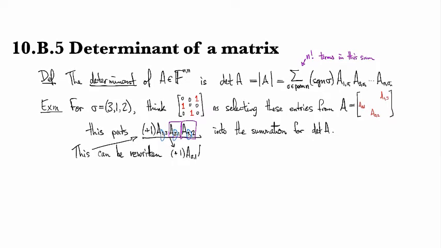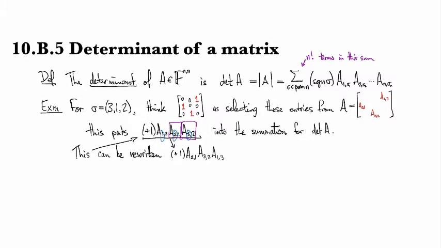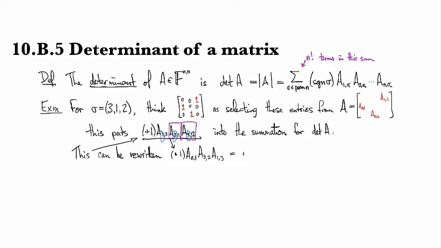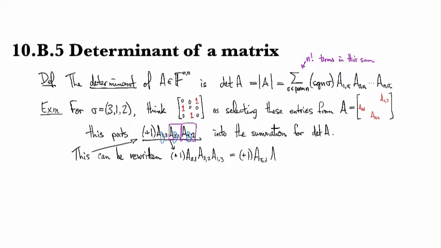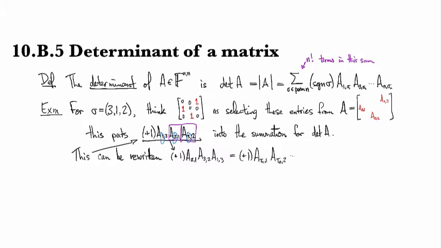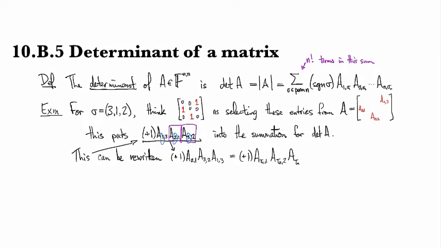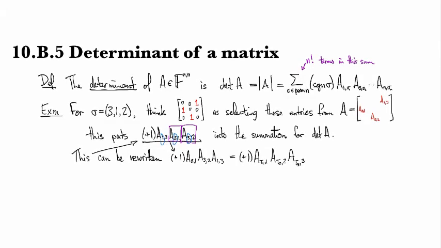So I'd have A32, and then my last one, A13, right? And so this now looks like +1, and then I've got a tau 1, 1, a tau 2, 2, and a tau 3, 3. So they're written the same way that the book writes it, yeah?